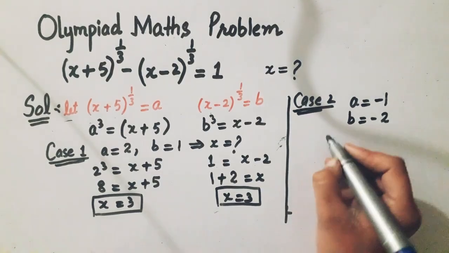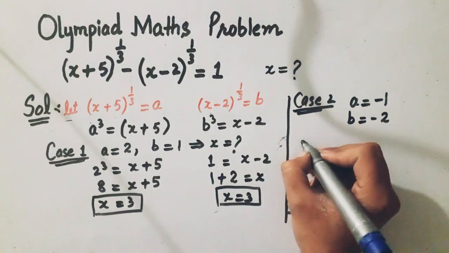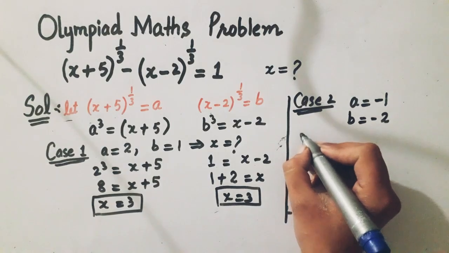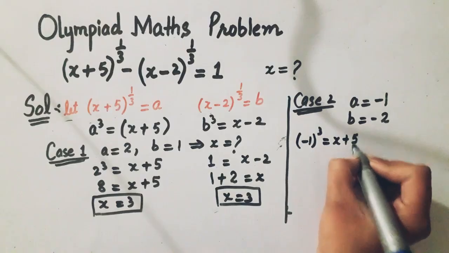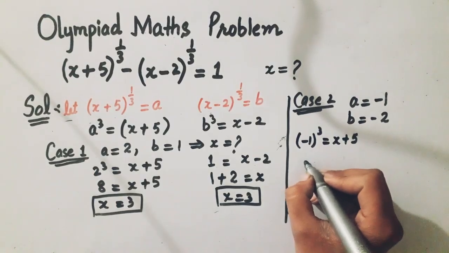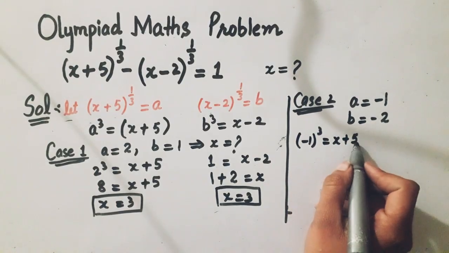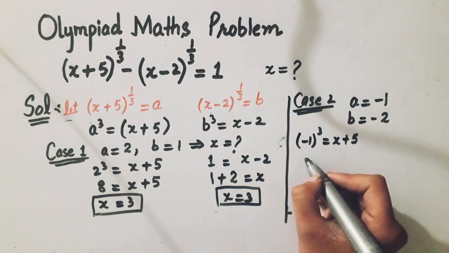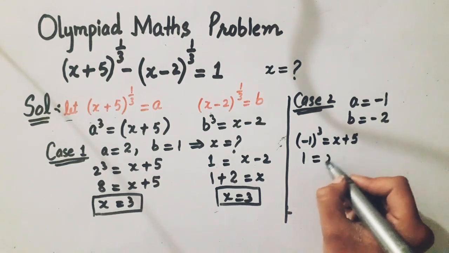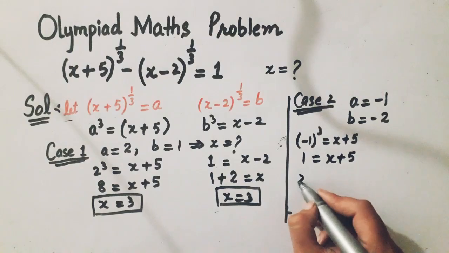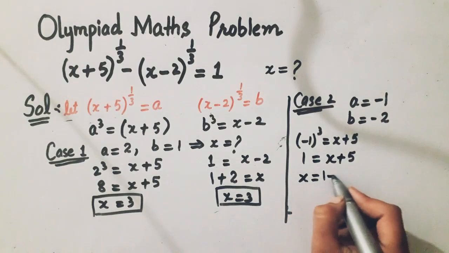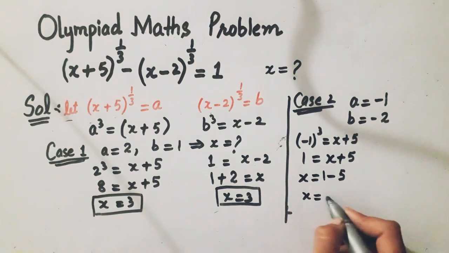So what will happen? We can see a cube means minus 1 cube equals x plus 5. Minus 1 cube is minus 1. So x plus 5 equals minus 1, so x equals minus 1 minus 5, which is minus 6.